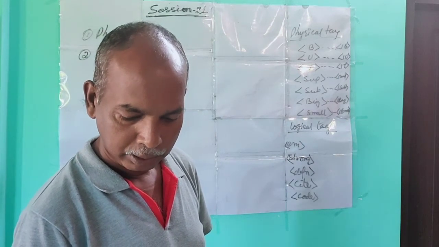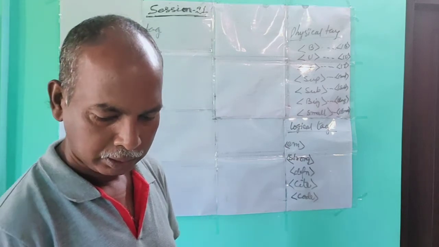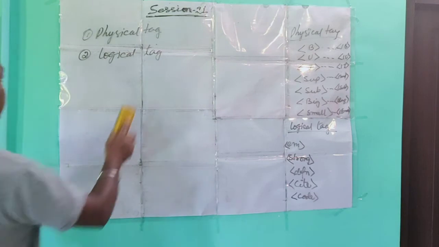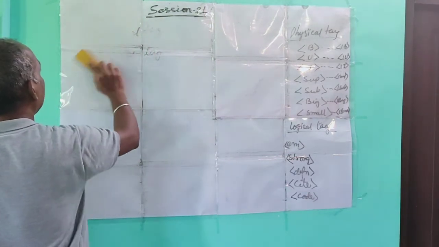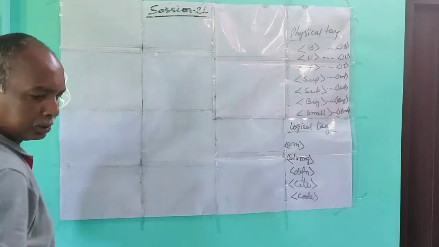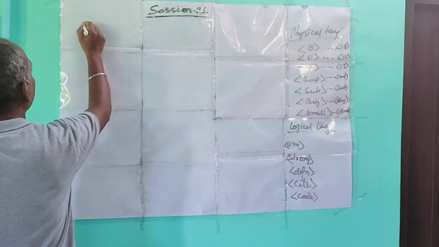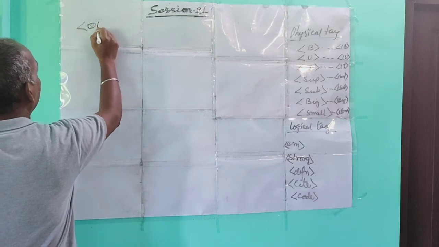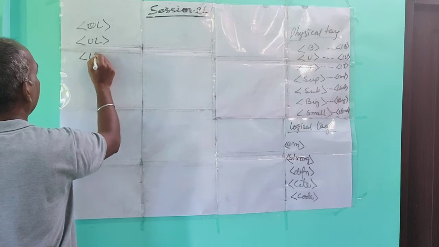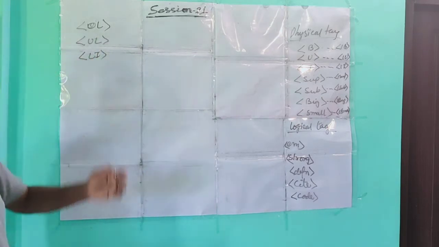Okay, now let's go through the list. I'm just going to teach one more topic, that is list. In our program, we are using the UL and OL. In the last class I used the tags OL, UL and LI. So there are two types of list.